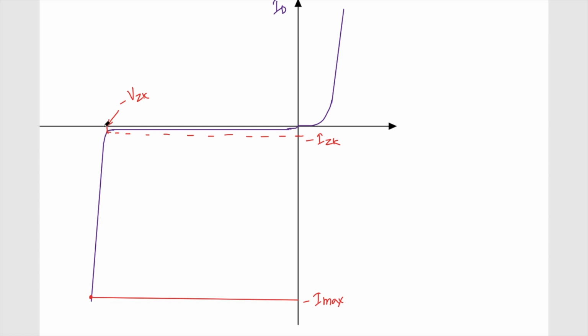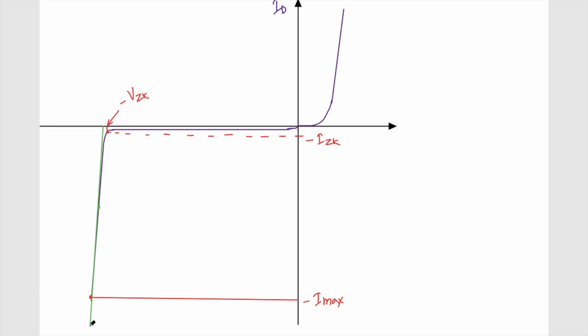Okay, so let's try to focus on this region and try to model it properly. If you see here, I can easily approximate this by a straight line. I will select a test point here and try to find the slope of the line which is passing through this point.